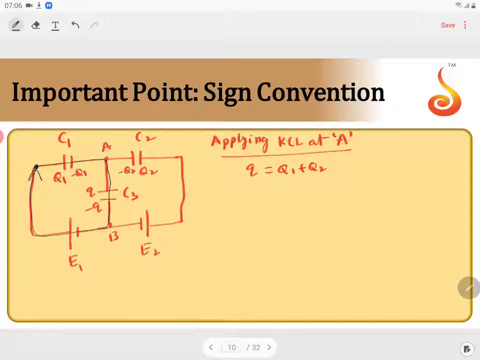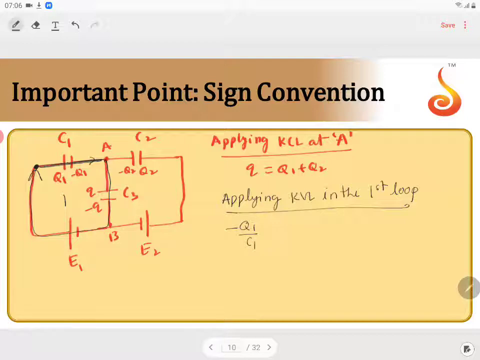Okay. So applying KVL in the first loop. Start at this point. Now I go in clockwise sense. What is the potential difference across this C1? Minus Q1 by C1.